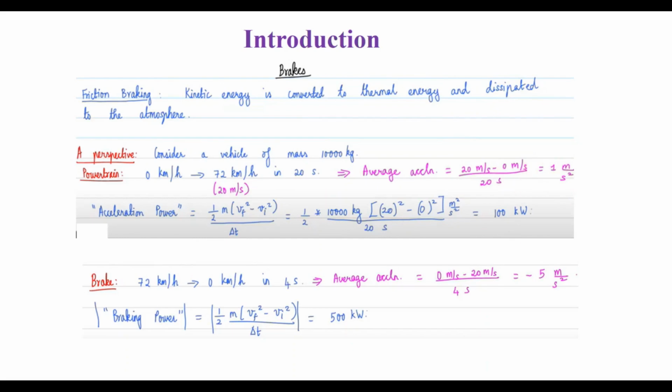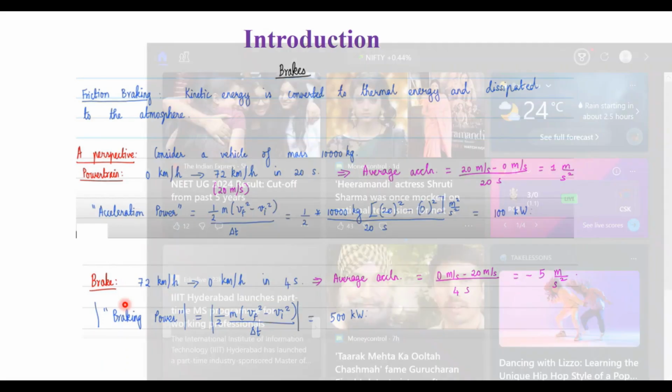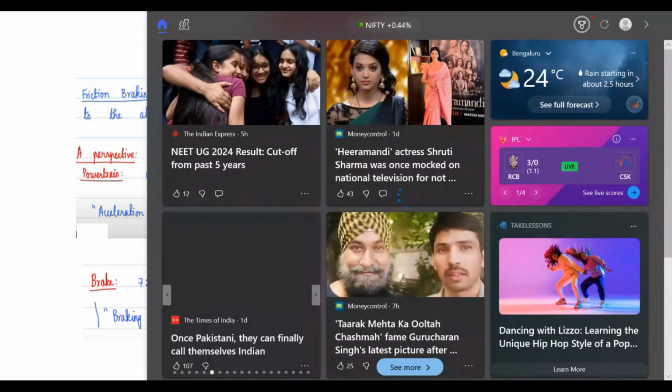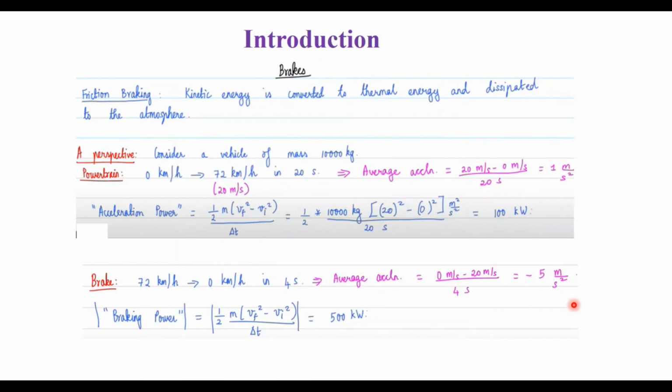Similarly, we go for the brake application, where average acceleration is the final velocity minus initial velocity, the rate of change of velocity. The final velocity is 0 meters per second, and 72 kilometers per hour is 20 meters per second.